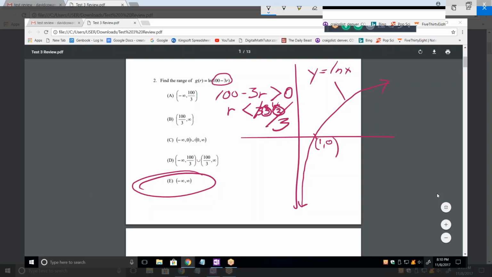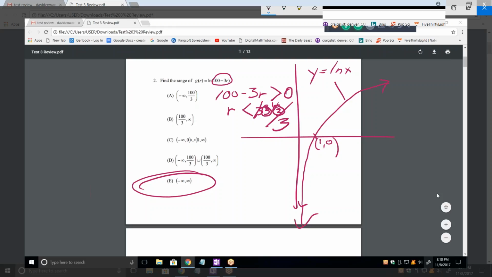When r is close to 100/3, we can go all the way to negative infinity, as long as we don't reach 100/3.